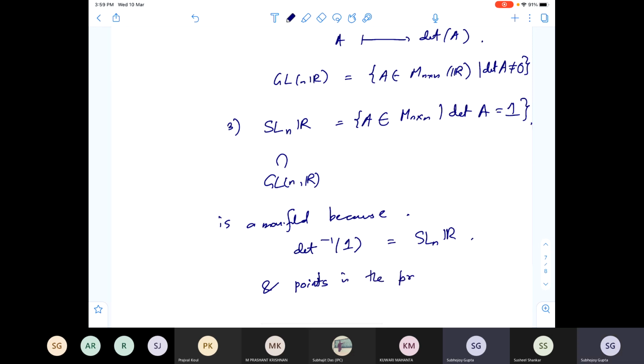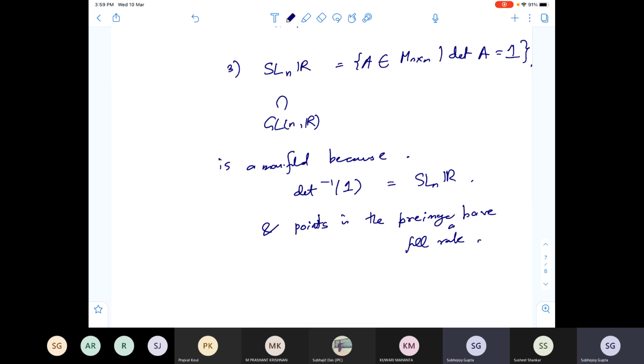So this is also another way of saying that 1 is a regular value, since somebody had mentioned the word regular, because 1 is a regular value of the determinant map.